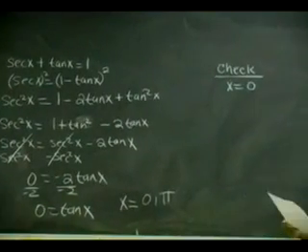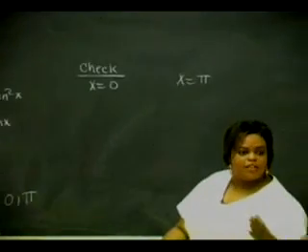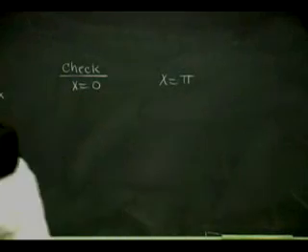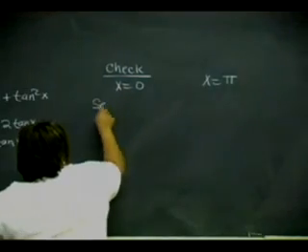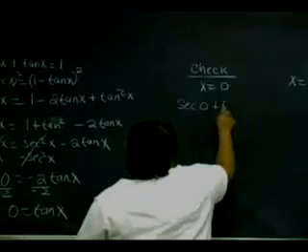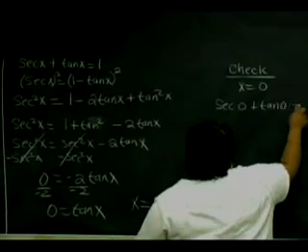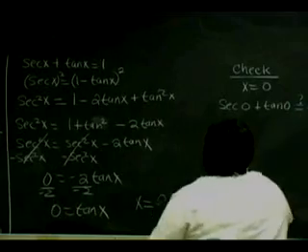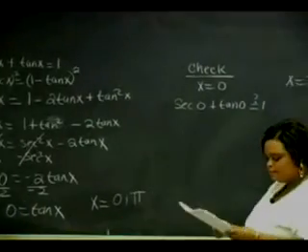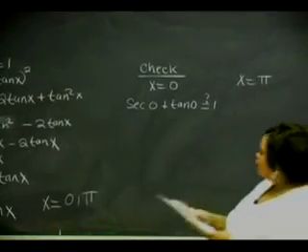And I check this against the original equation. So, is secant 0 plus tangent 0 equal to 1? What's secant 0?